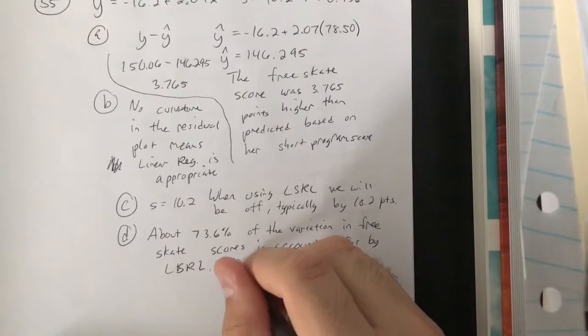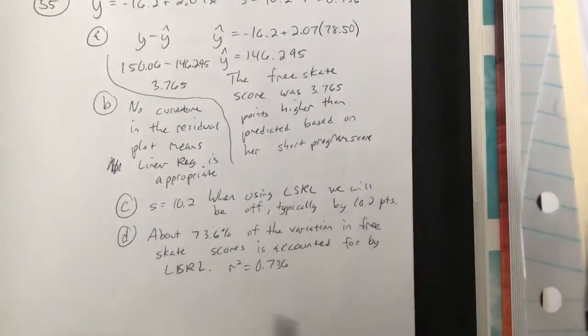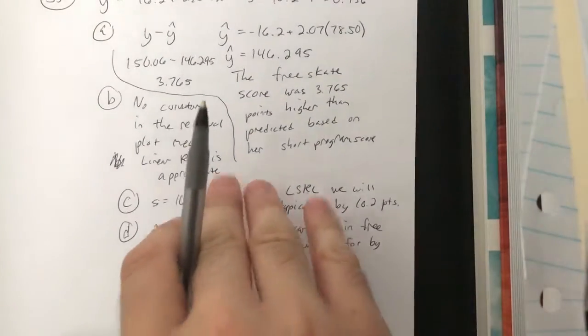And we got that because R squared is equal to 0.736. The other portion that would add up to 100% is not accounted for by this least squares regression model. All right, that's 55.